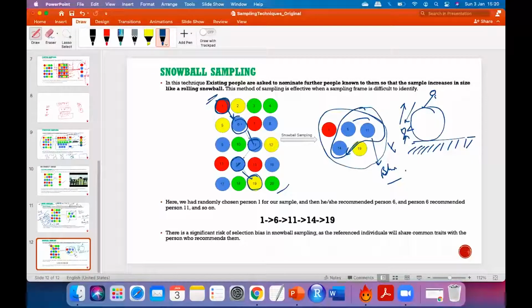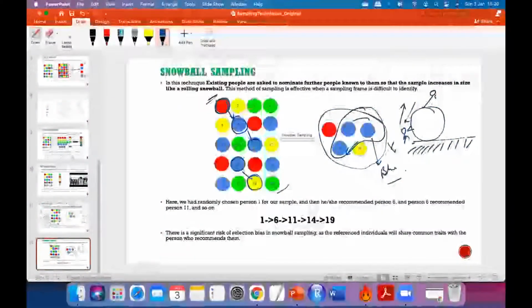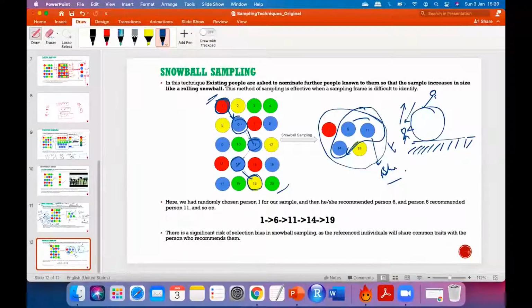So that is the reason we have to use probabilistic sampling or non-probability sampling in this case. So the one line answer is it depends. But if you ask me which is the most logical one, then obviously you can say stratified sampling or cluster sampling. Got it, guys?